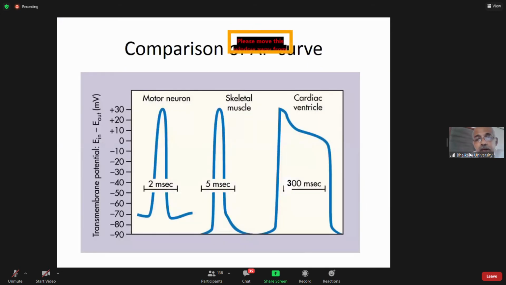Now, when I talk about action potential, I told you the action potential amplitude, form, and duration vary from cell to cell. The motor neuron action potential, skeletal muscle action potential, and cardiac muscle action potential differ in amplitude and form.